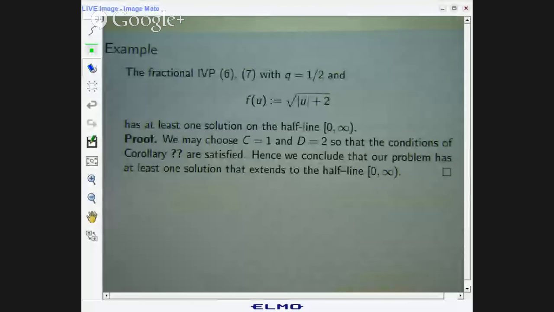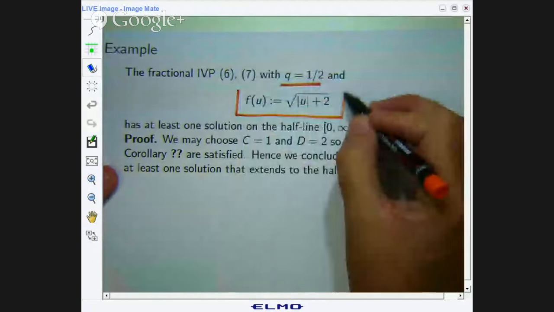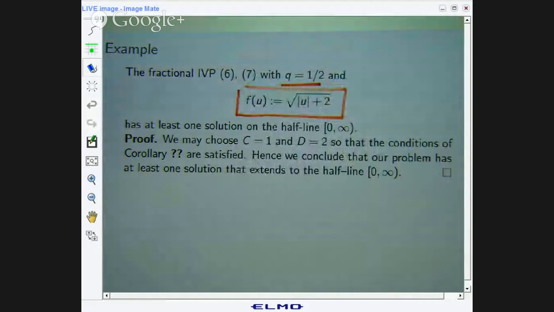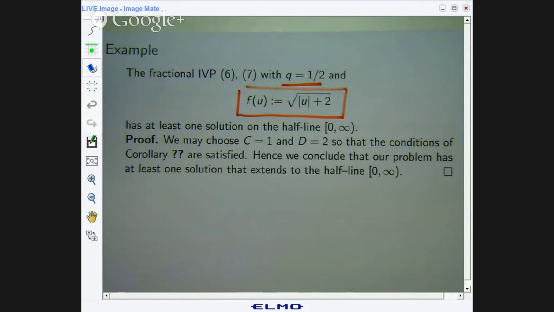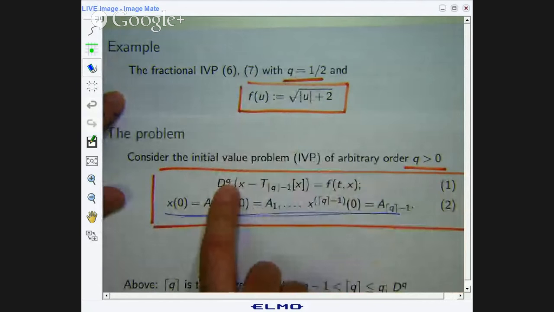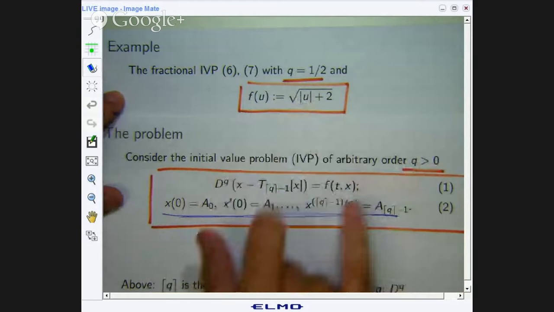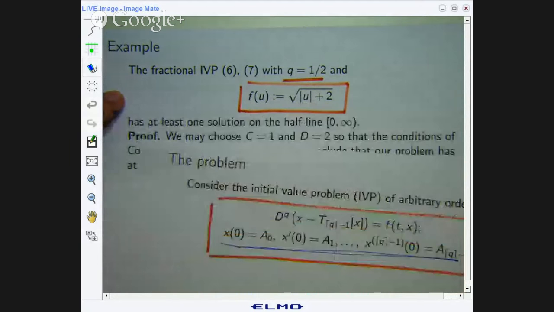There's been a lot of theory. Let's just do an example. Okay. Let's just take q equals a half, and this as my fractional differential equation. Okay, let me just see. So here's the problem, right? I'm going to take q equals a half here, and this right-hand side, this is the autonomous case. So the right-hand side is just going to be this.